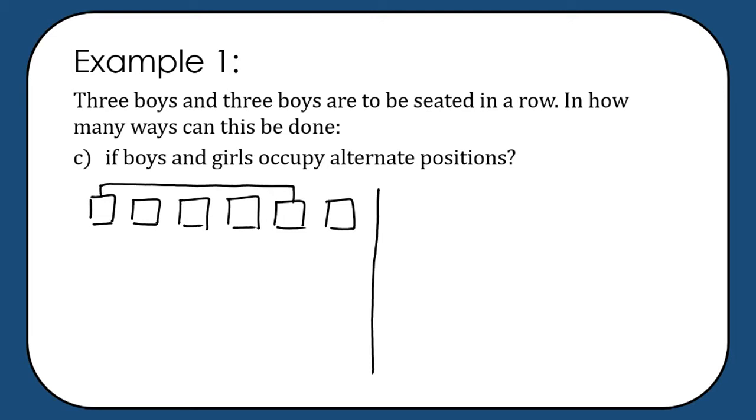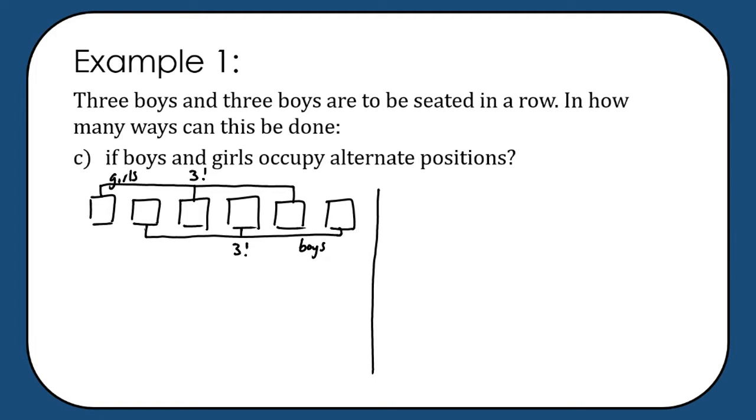So we need those 3 people to be, let's say, girls. And we need those 3 people to be boys. So there are 3 factorial different ways that we can arrange the 3 girls, and 3 factorial different ways that we can arrange the 3 boys.